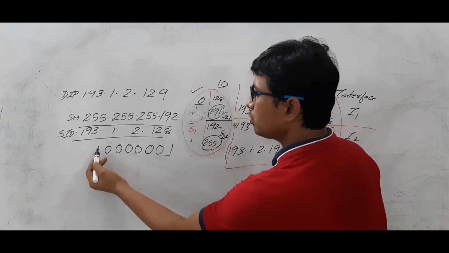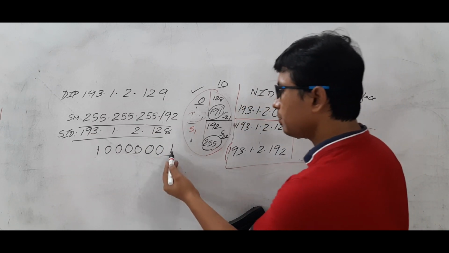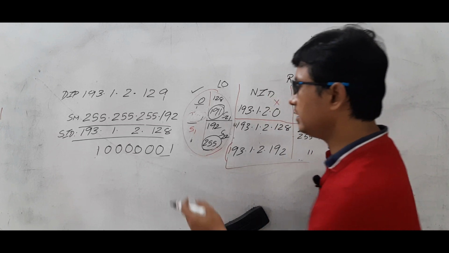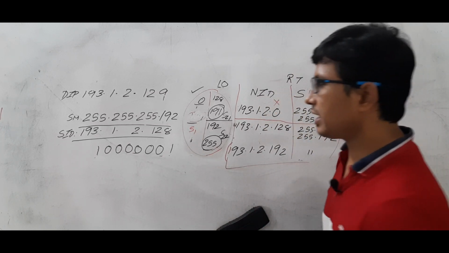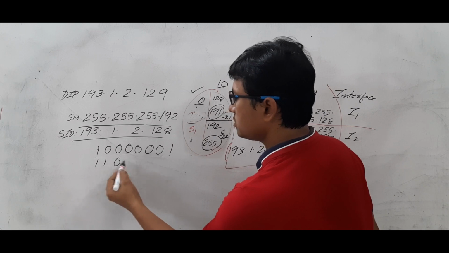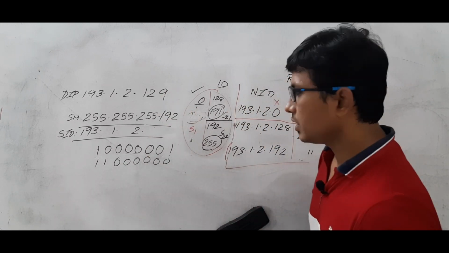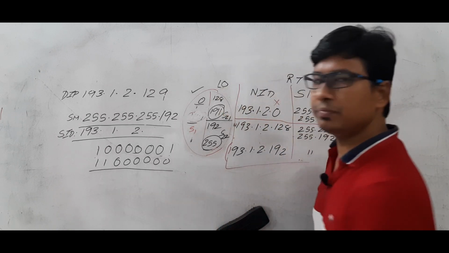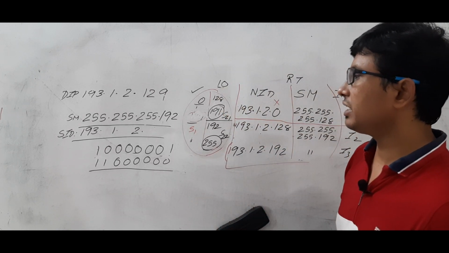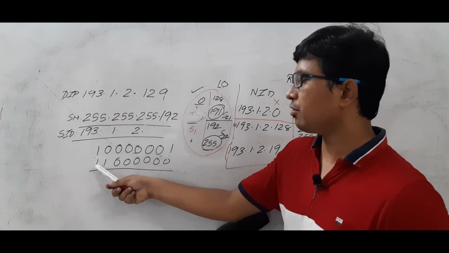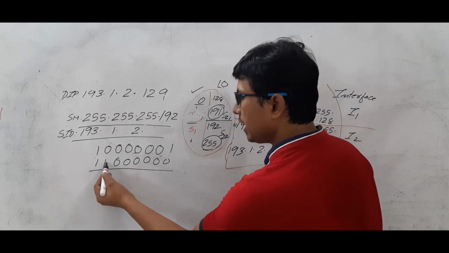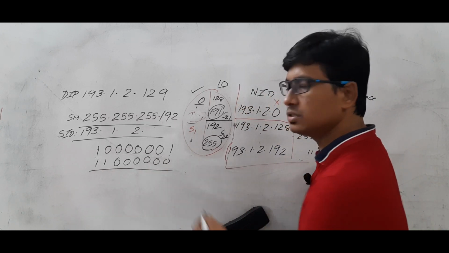How did I get it? 2 power 7 is 128, plus 1 is 129. And 192, how will I write it? 11000000. Now, if I perform the bitwise AND, what is the number I will get? I have converted 192 into a binary number.